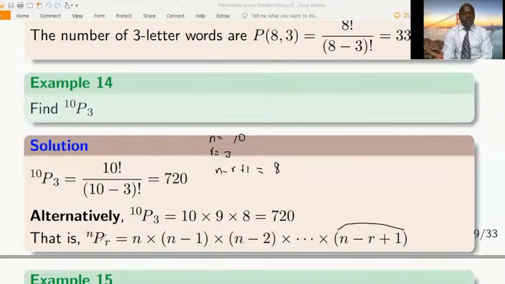So by this formula, I'll begin multiplying from here up to here. N is 10, n minus 1 will be 9, n minus 2 all the way up to this point, which is 8. So that means the permutation of 10 objects taken 3 at a time will be given by this.